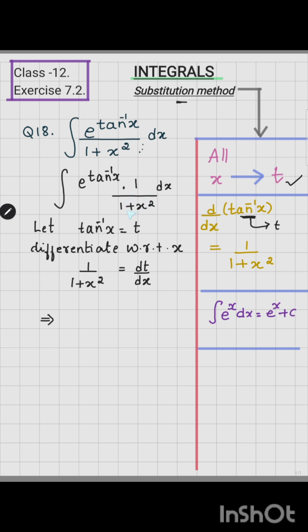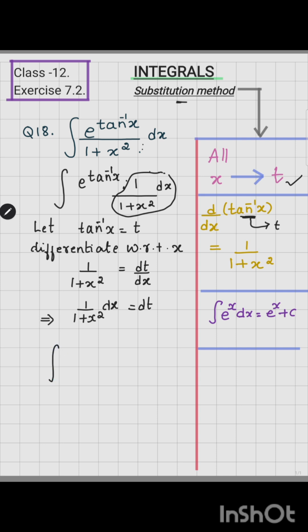So 1 by 1 plus x square dx, this complete thing needs to be written in the form of t. If we cross multiply this, we will get 1 by 1 plus x square dx equal to dt. So this entire thing can be replaced by dt.